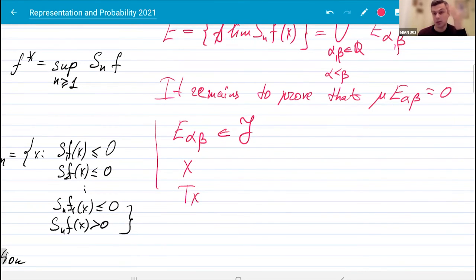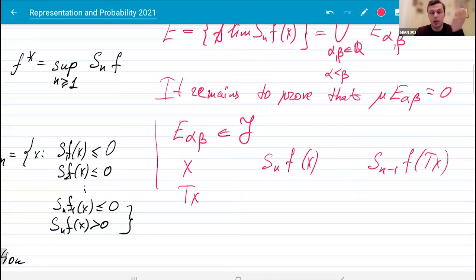We can compare, for example, Sn f of x and Sn minus 1 f of Tx. Well, how can one compare these two values? First of all, these values are related as follows.